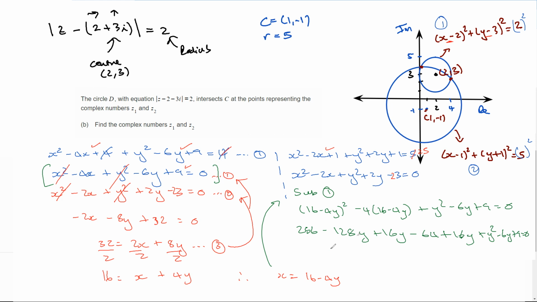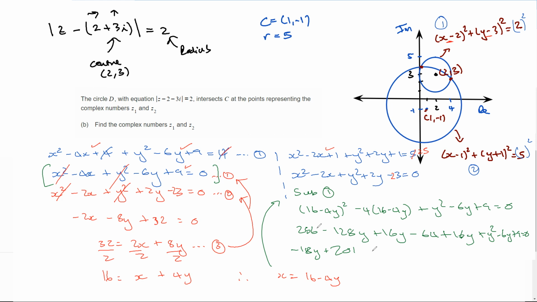So this will come to 201 for that in total, along with the y terms, minus 118y.